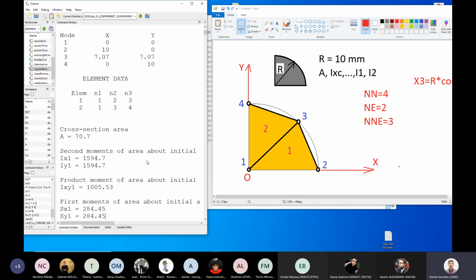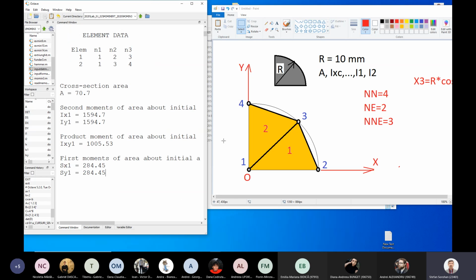Again, enter, and we obtain the cross-section area. It's 70.7. Second moment of area about the initial coordinate, this one. The product is not 0 because I have no symmetry here. The first moment of area, this one. Coordinates. So the centroid is somewhere here. According to this picture, I need 4.02 and 4.02.